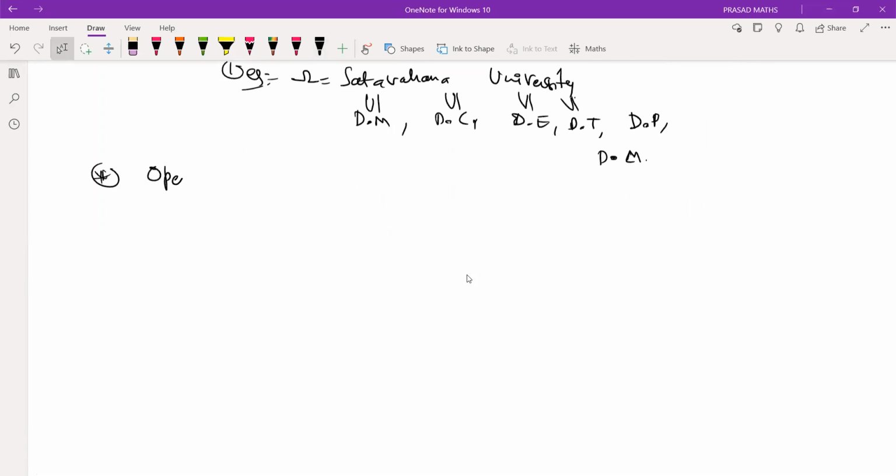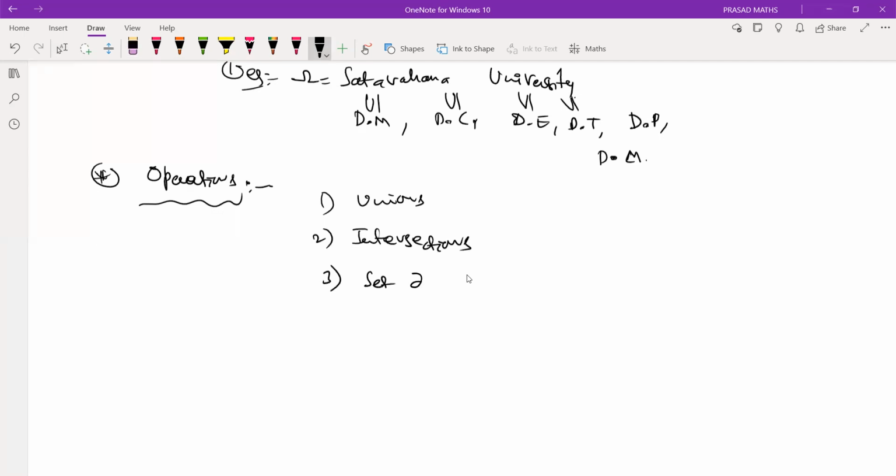Operations. What are operations? One is unions, set unions. One is intersections. One is difference.